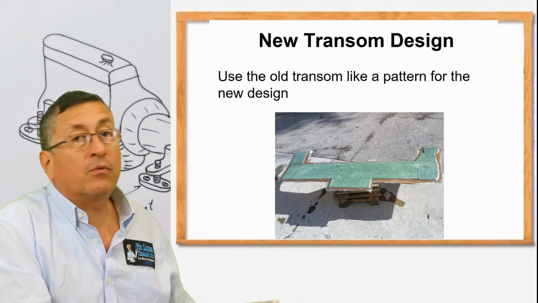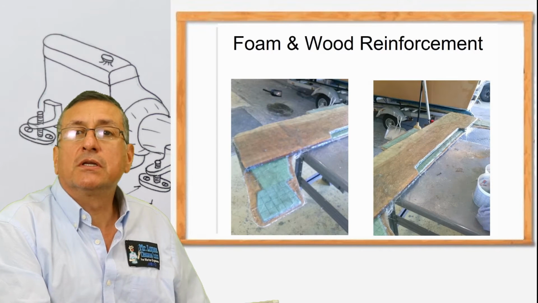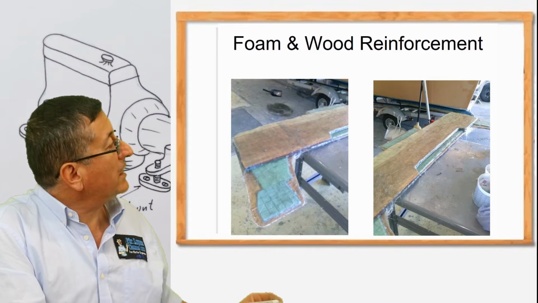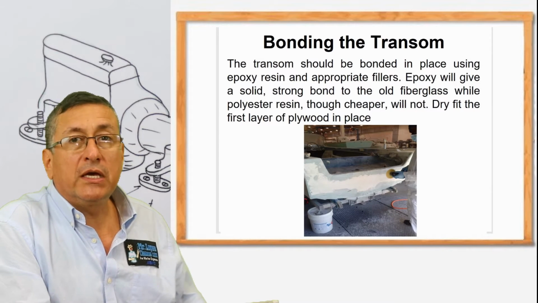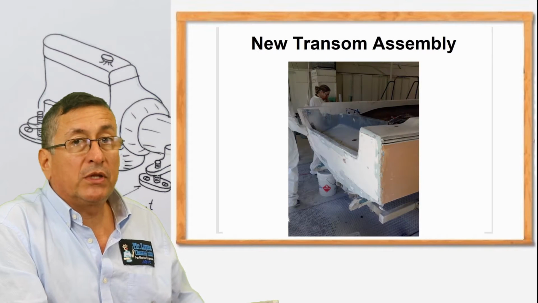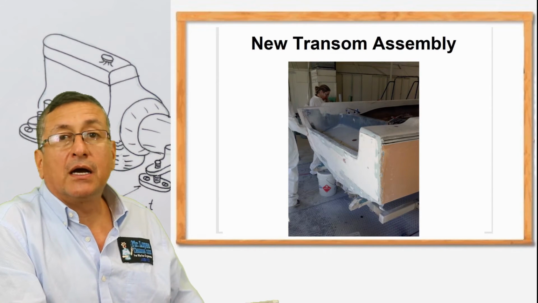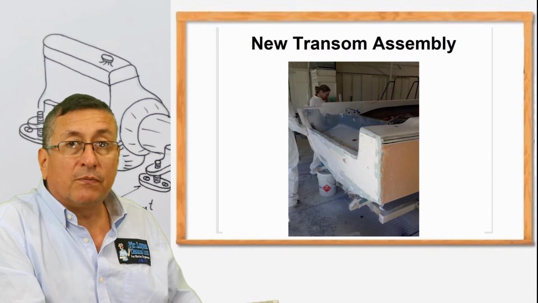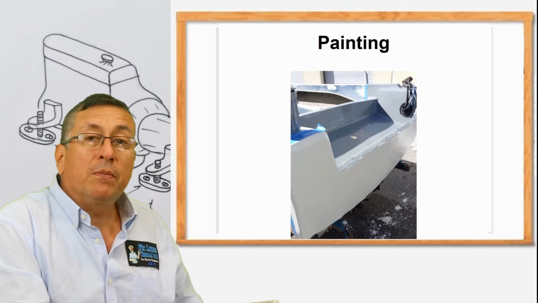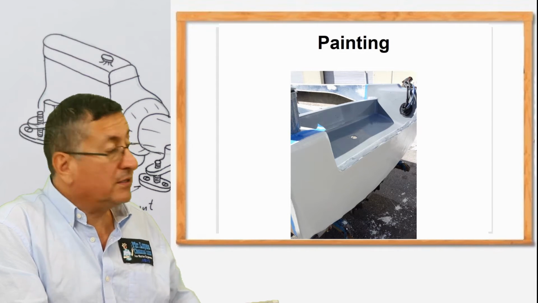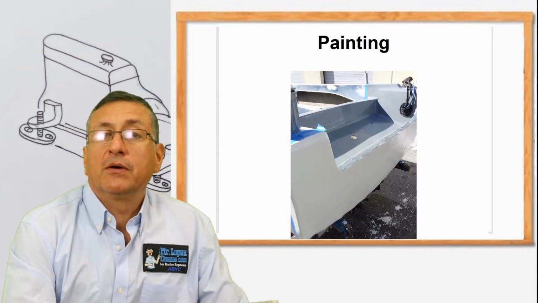We fabricated the other one, properly reinforced with plywood and foam on both sides, and after that we installed the transom. We covered it with epoxy resin. After that, we covered it with Bondo, and we painted it with a special gel coat paint. And this is the final result of that project.